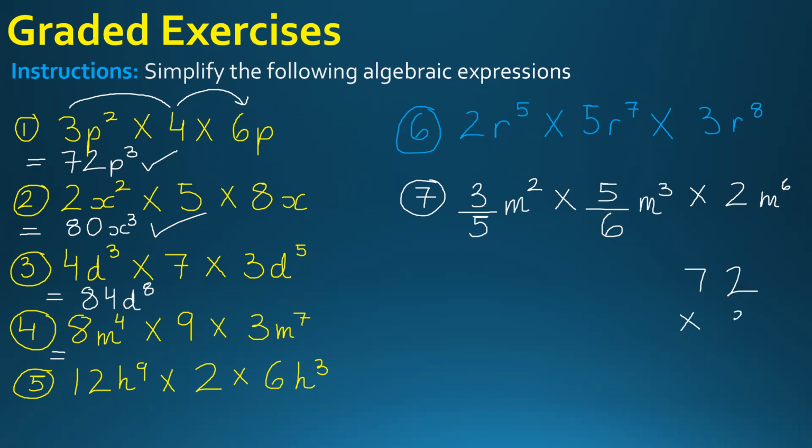It's times 3. What is 3 times? I have 146. No, it's not 146. 3 times 2 is what? 6. 3 times 7 is what? 21. So it's what? 216.